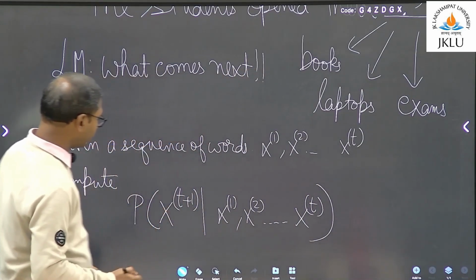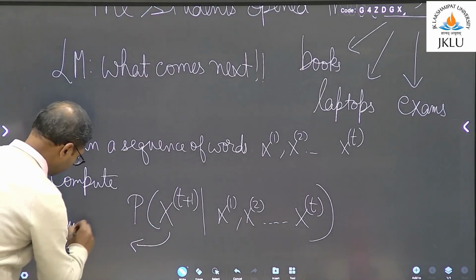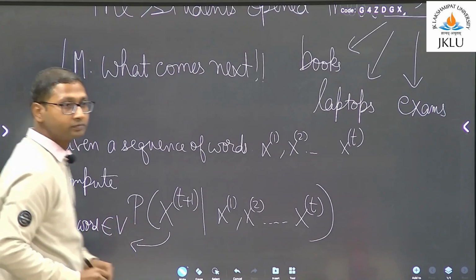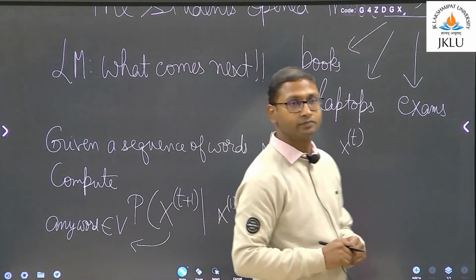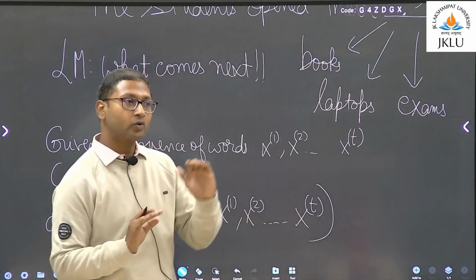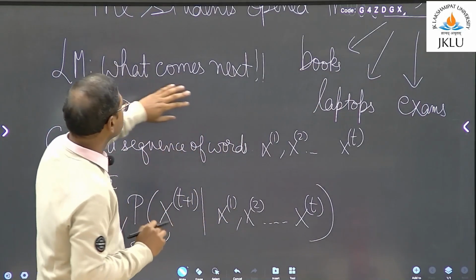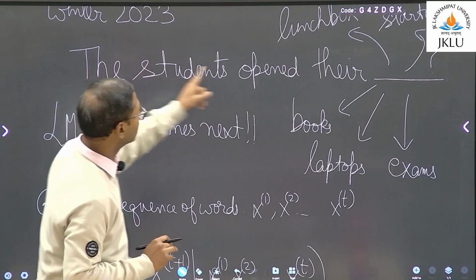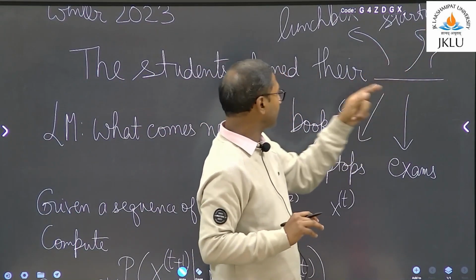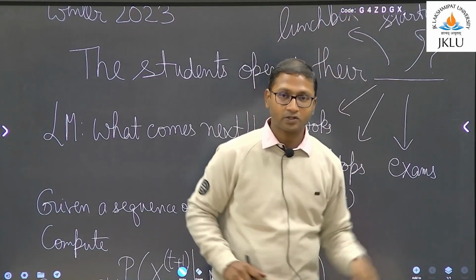Now this xt plus 1 can be any word in V. We are still at word level right now, we have not gone to subword or token levels yet. Given the sentence, the students opened there, we are supposed to fill this question mark, and we saw there are many candidates like books, laptops, exams, lunchbox, startup and so on.